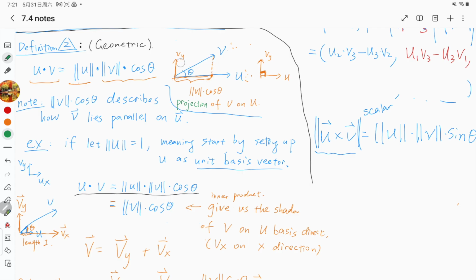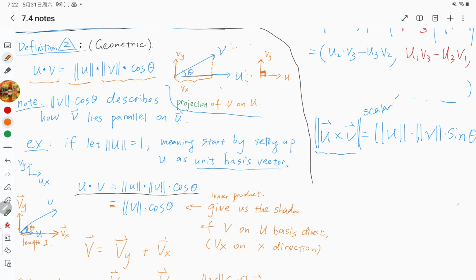Then, last time we also talked about vector decomposition, right? So v must have first a horizontal component Vx, which is parallel to u, right? Then Vx, in this case, we can give it a professional name, which is a projection, right? So we can always decompose a vector v in terms of Vx direction and Vy.